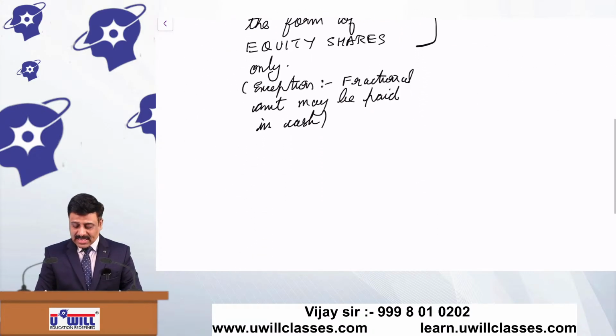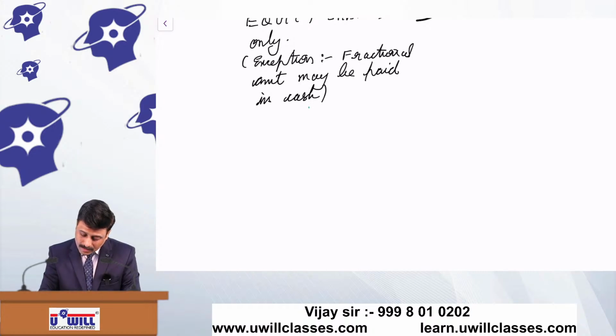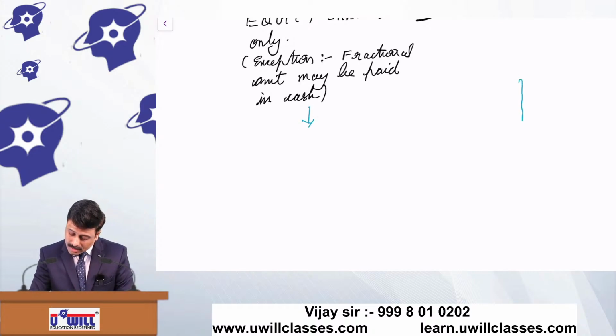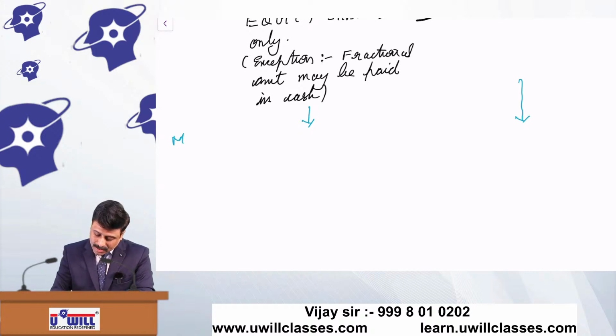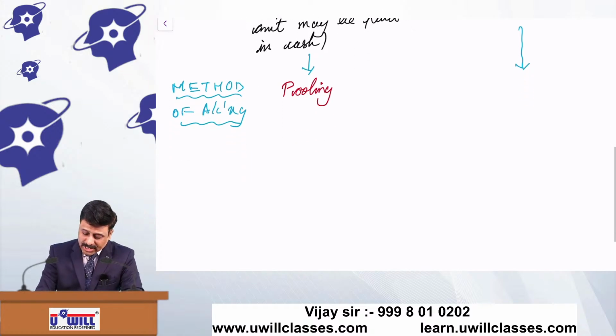First, you'll have to identify whether it is a merger or purchase. Why? Because of the method of accounting to be followed. If it is a merger, then we have to follow the pooling of interest method of accounting.